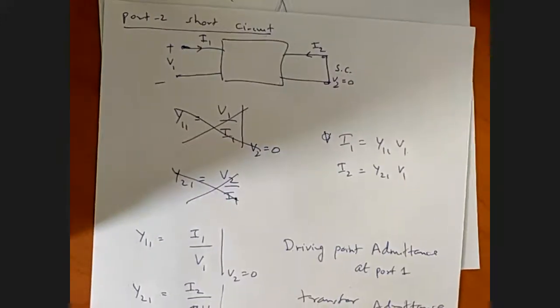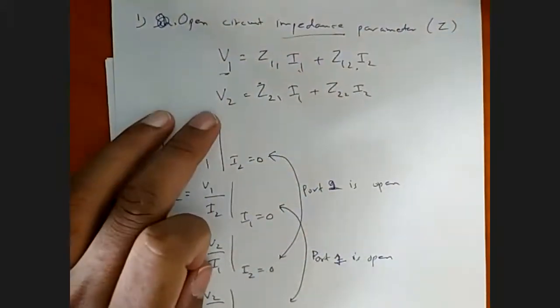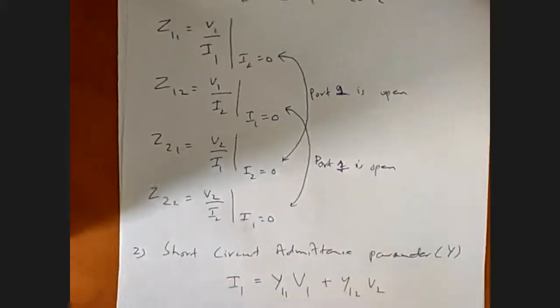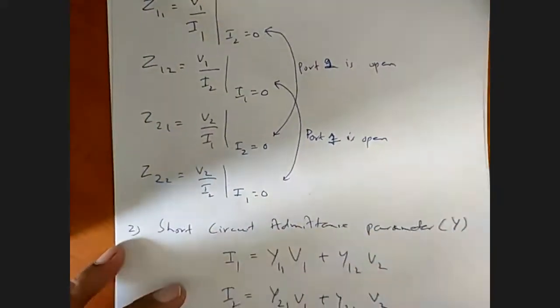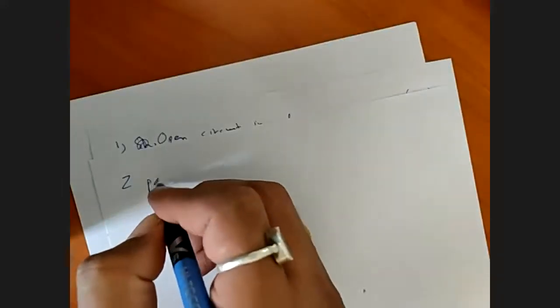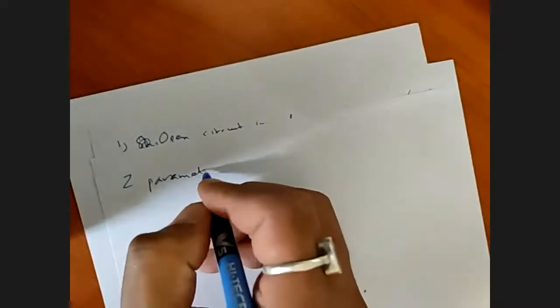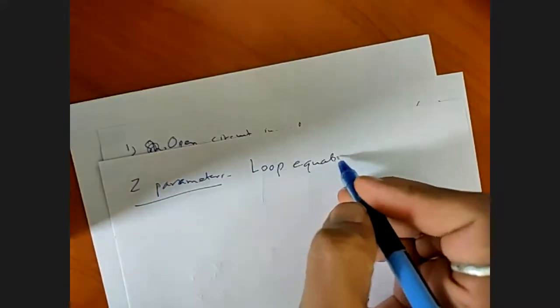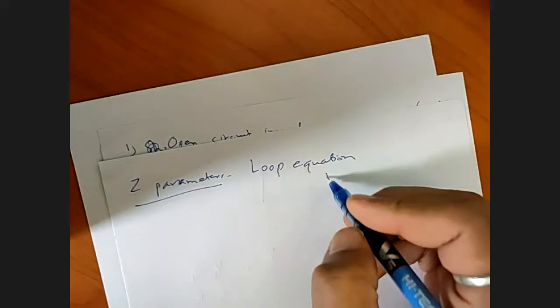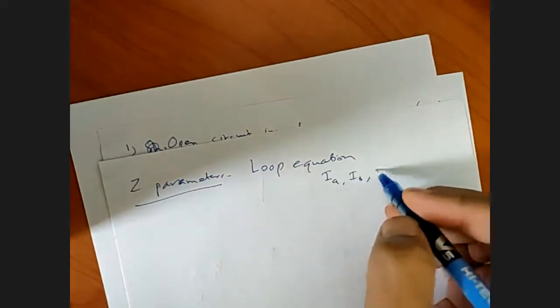So generally you have to remember these equations. Z parameter equation and Y parameter equations. So when you are asked to find out Z parameters, it is advised you will write loop equations, because they will give you relation between currents.